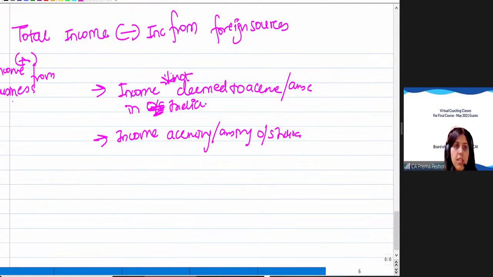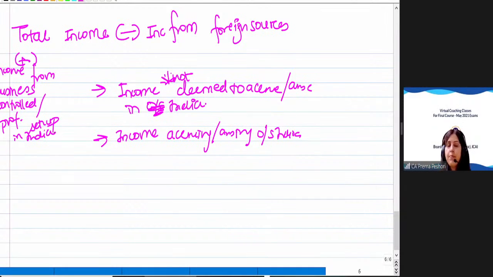Income derived from business controlled or profession set up in India. Are you clear? We will deal with examples, like what all are the incomes which are considered to be received in India and which are not. Are you clear with this perspective now?